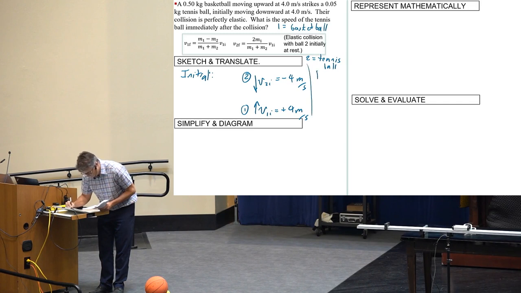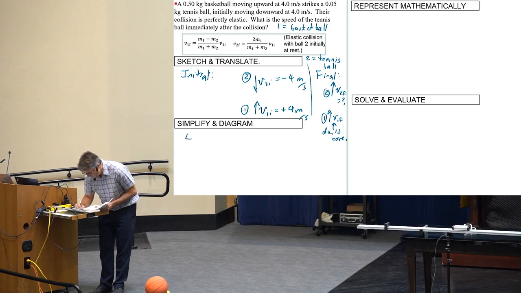And then finally, 2 is going to be going up with some V2 final, which we don't know. And 1 will also be going up, probably with some V1 final, which we don't care about. We're just trying to find the tennis ball. So let's switch to a reference frame in which the tennis ball is at rest.